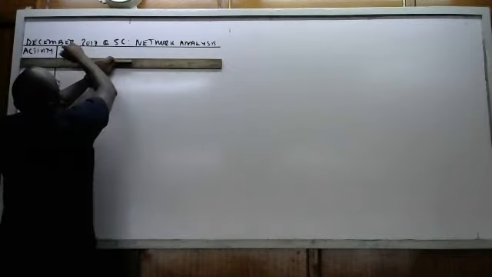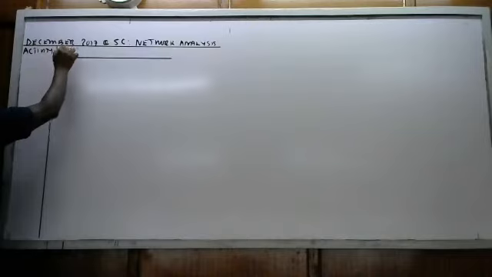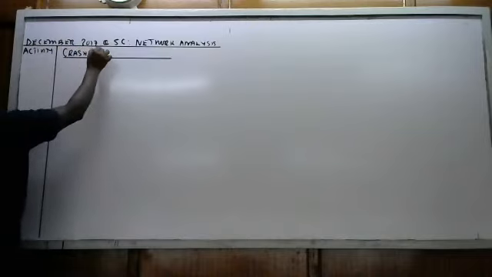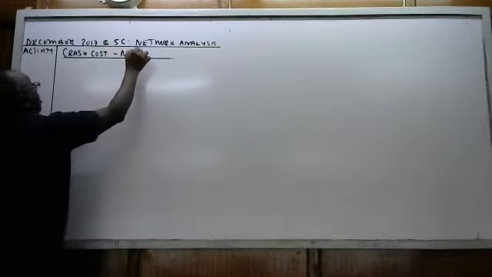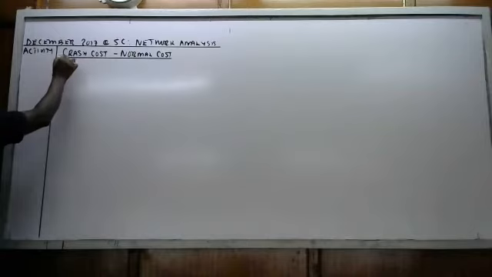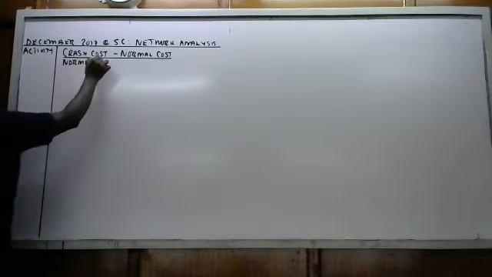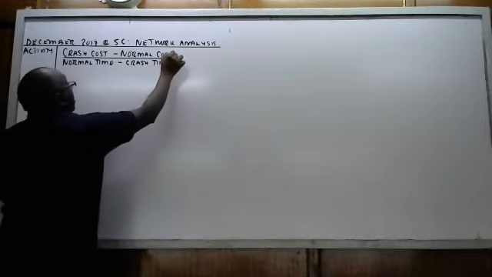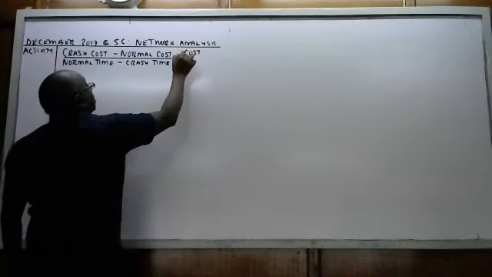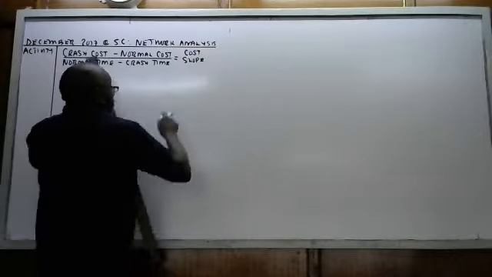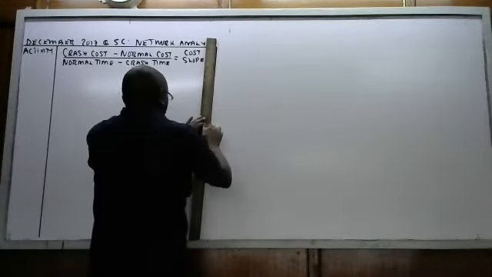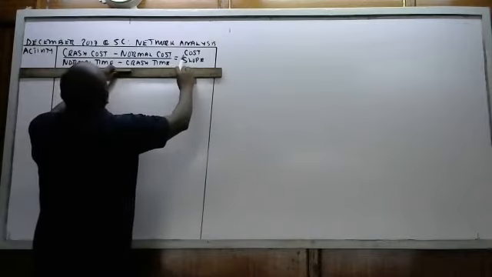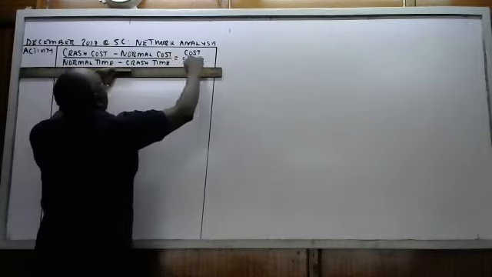And we have crash costs minus normal costs, divided by normal time minus crash time, which gives you something known as the cost slope. So you draw a table like that.